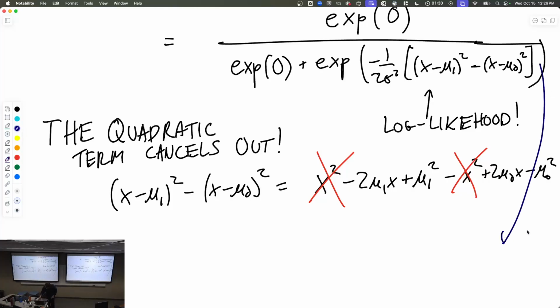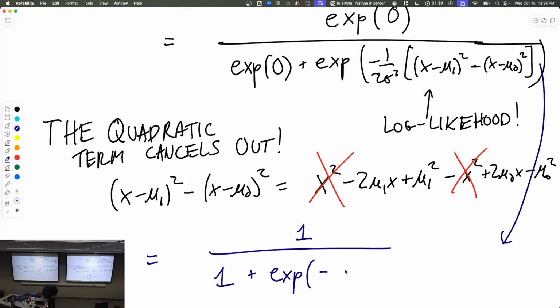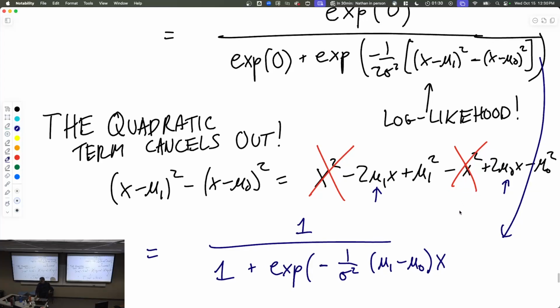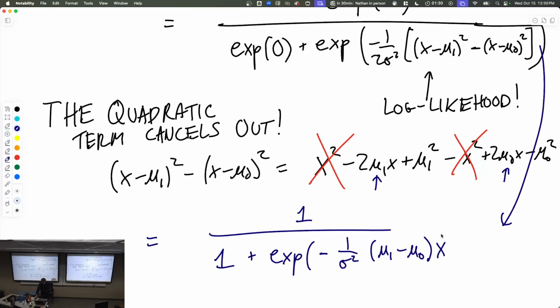We end up with 1 over 1 plus e to the zeros, and then we're going to have an exp of minus 1 over sigma squared times the difference of the mu's, mu1 minus mu0, times x. It just depends on that. Did I do something silly? Okay, plus mu1 squared minus mu0 squared over sigma squared. And that is what we originally claimed.